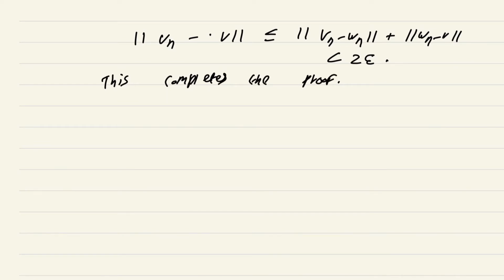So what we have shown is the following. If you start with a vector space V and you have a dense subspace W, such that every Cauchy sequence in W has a limit in V, then V itself is complete.